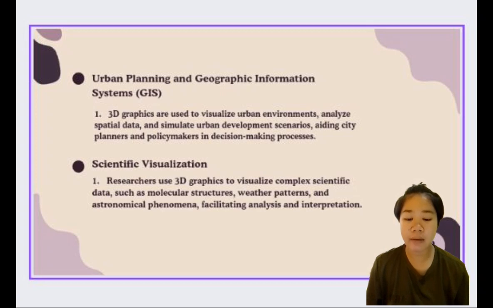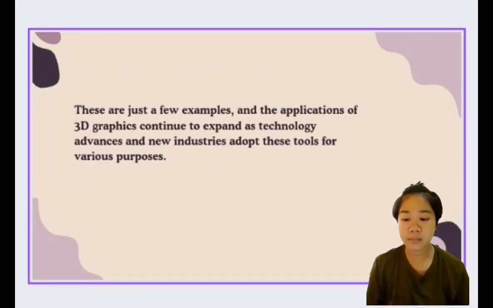Researchers use 3D graphics to visualize complex scientific data such as molecular structures, weather patterns, and astronomical phenomena, facilitating analysis and interpretation. These are just a few examples, and the applications of 3D graphics continue to expand as technology advances and new industries adopt these tools for various purposes.